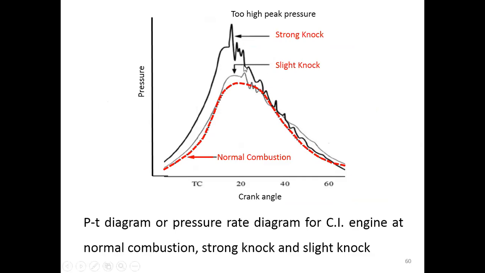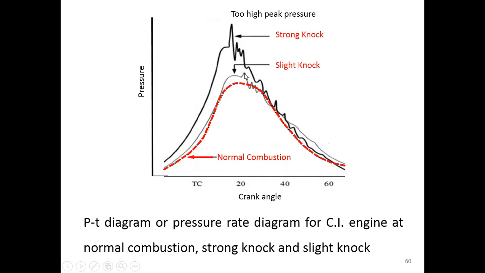Okay, so this is what happens when there is a knock in the CI engine. Again, you see the pressure pulse that happens. This is too high a peak pressure. The peak is supposed to be somewhere here, but it just goes up like this, resulting in a very strong knock. You can see it's a strong knock because the pressure pulse happens all the way until it's finished. And this is a slight knock, because you have some peak pressure that you want, and when the peak pressure reduces, suddenly another peak comes out here.